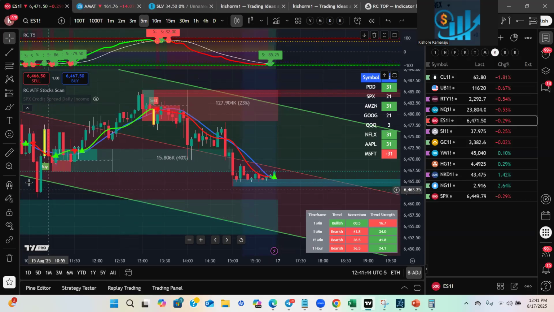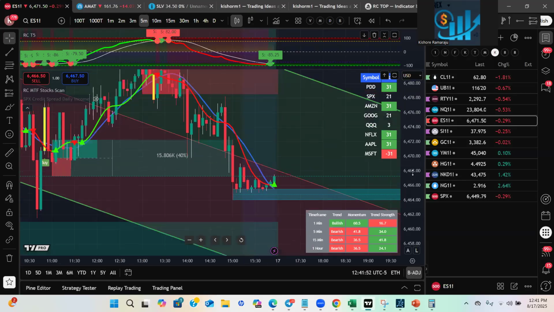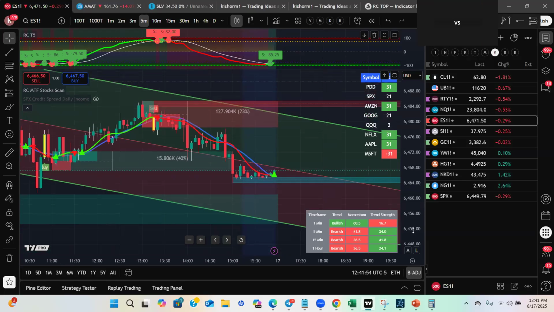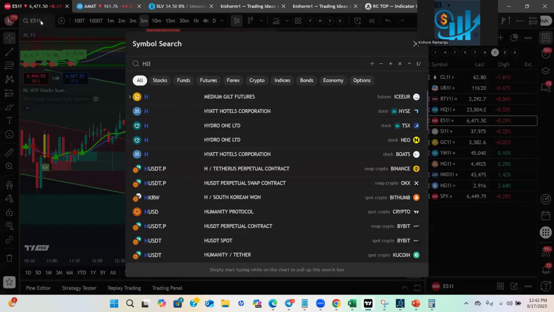If it is bullish, buy at the bottom. If the channel is pointing towards the downside, sell at the top. If you see a lot of sellers, you can use it with anything. My question was basically, can I track the Reliance stock or HDFC stock here as well, in this TradingView platform? That is right.